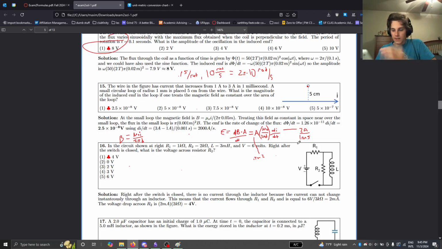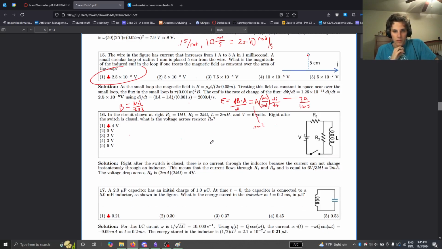So area here, pi 1 squared, mu naught over 2 pi, like I've said before, if you don't care about magnitudes, it's 2. Divide by 5, sweet. And then 2 amps and 1 divided by 1. I got 2.5. So there you go, the answer is 2.5.